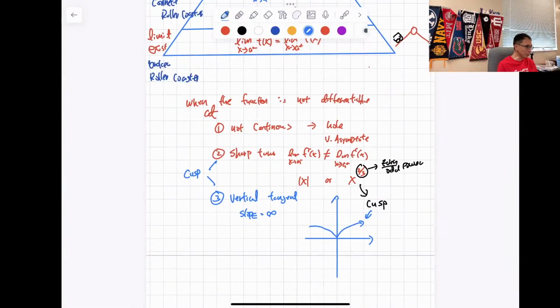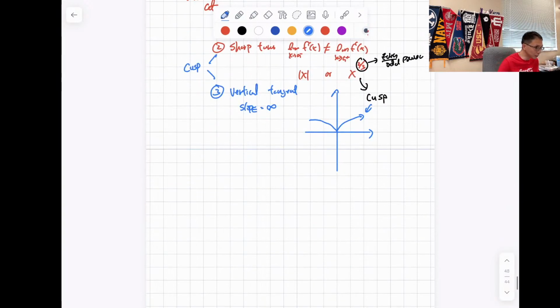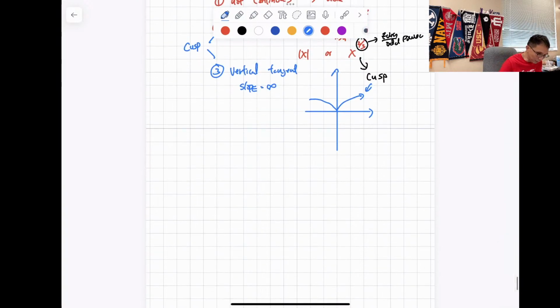You're gonna be like, well, what does it look like if I were to take the derivative of this function? So I'm gonna show you the derivative of absolute value. Let's just say f of x equals |x - 2|. And it will say, hey, limit as x approaches 2 from the left. Well, from the left, which equation will I be using?